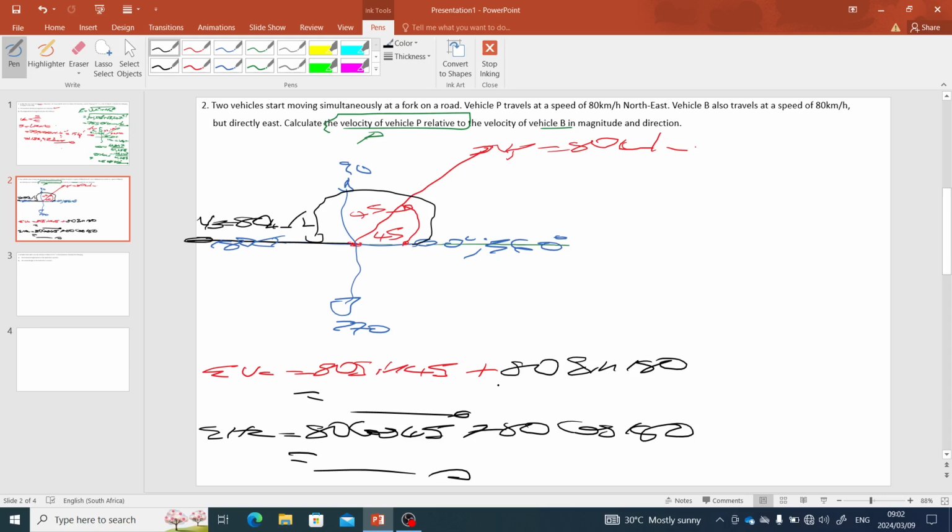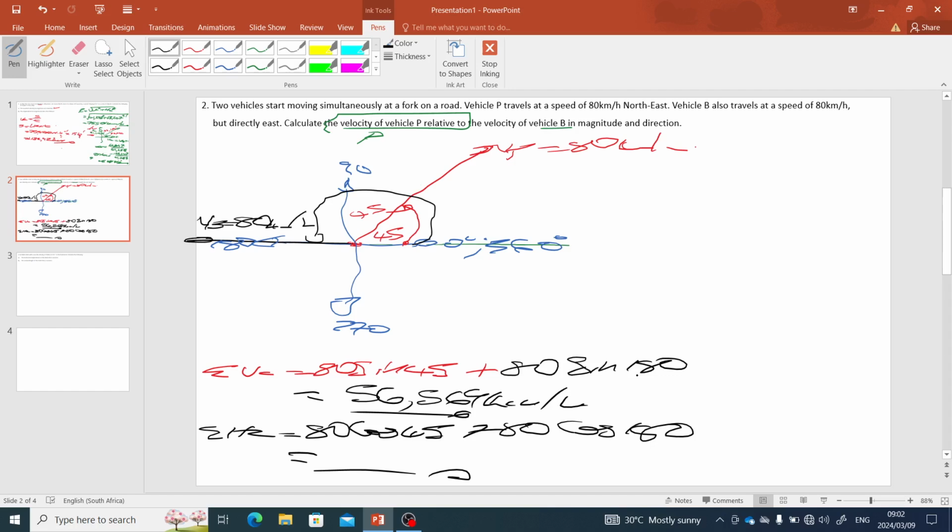Now I get my answer for vertical component as 56.569 kilometers per hour. Okay, then for horizontal component, it is 80 multiplied by cos 45 plus open bracket 80 multiplied by cos 180.